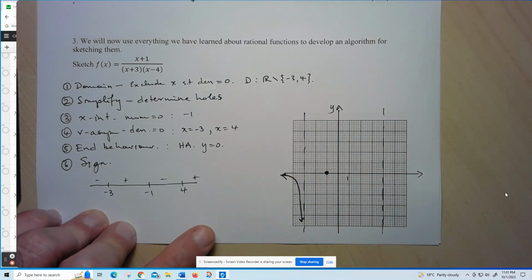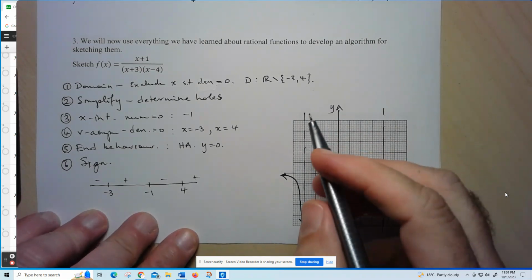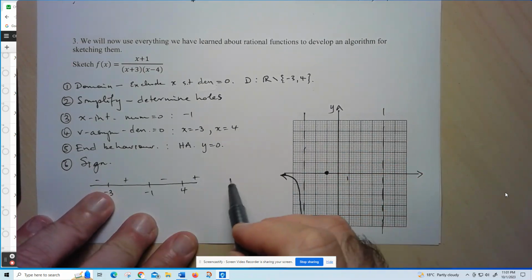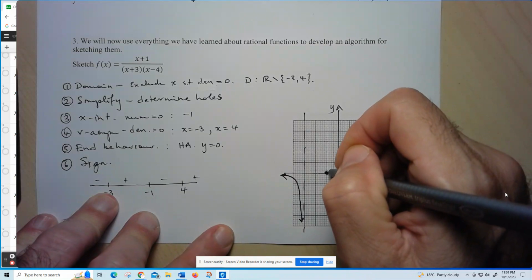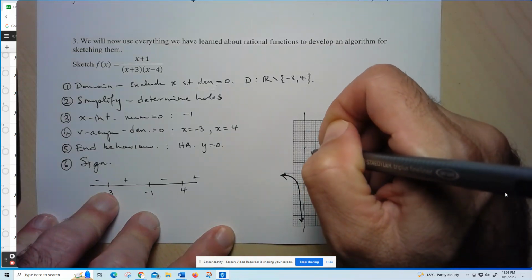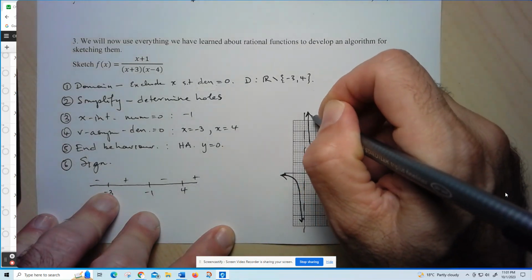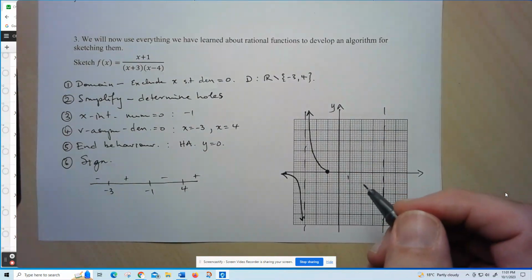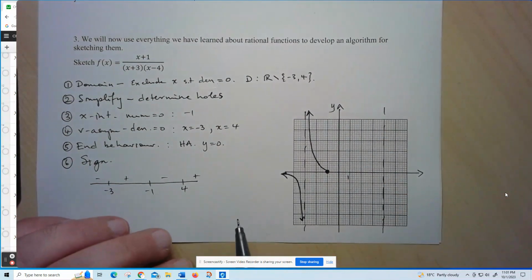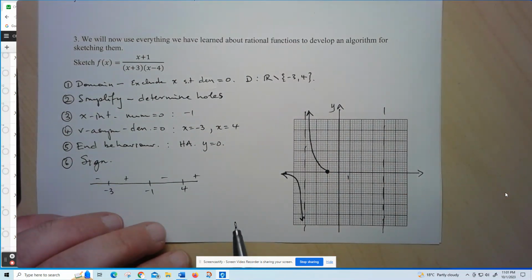And this is where the sign becomes very helpful. Here, I know that it's positive in this whole region. So this is going to have to go to positive infinity. Whereas in this area here, it has to be negative.